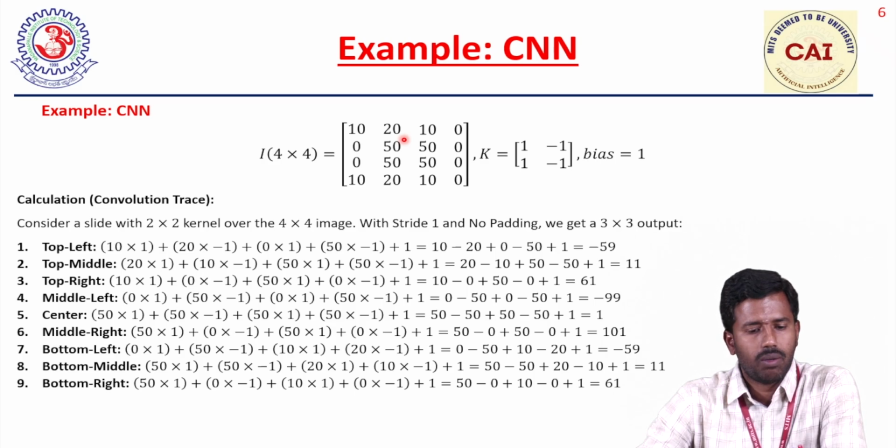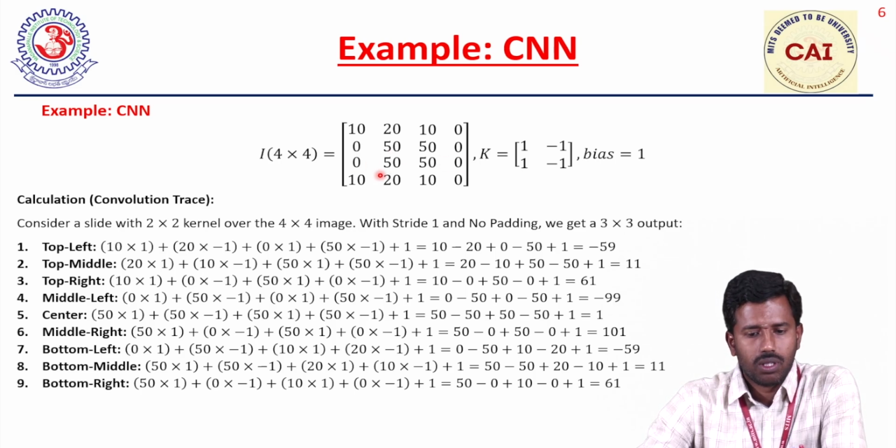Now the middle row: the middle left is 0, 50, 0, 50; the exact center is 50, 50, 50, 50; and the middle right is 50, 0, 50, 0. So you get the extracted pixel values from the middle.